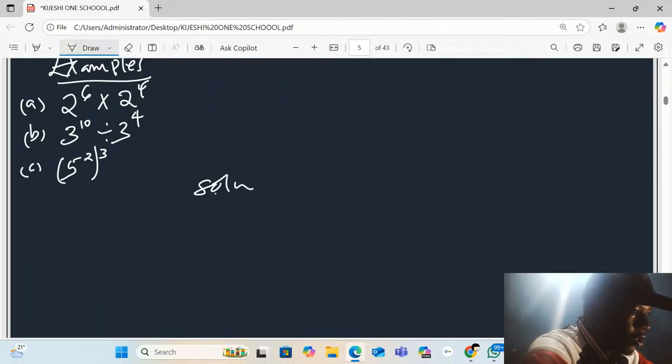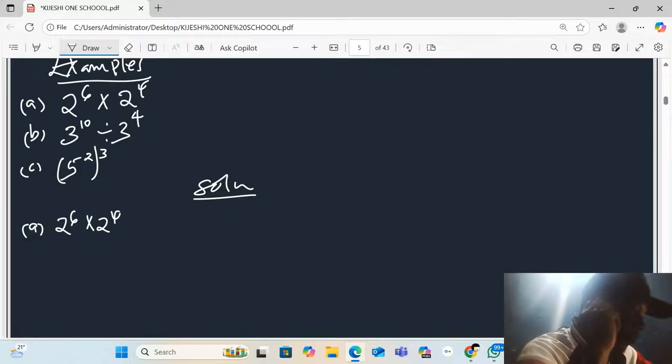Solution. And we can start with A. Now, A says 2 raised to 6. You multiply by 2 raised to 4. So that one means now that we have the same base and we are multiplying, we simply take the same base, which is 2, then add the powers.